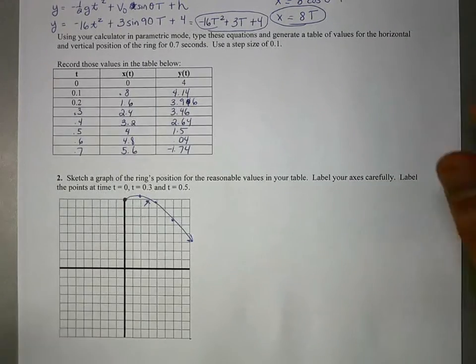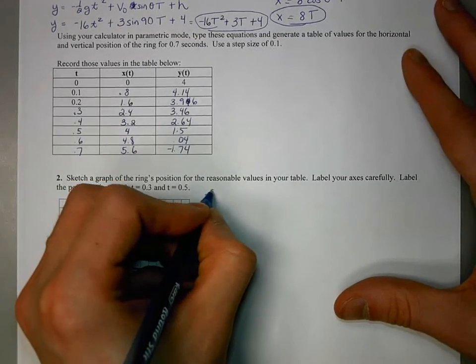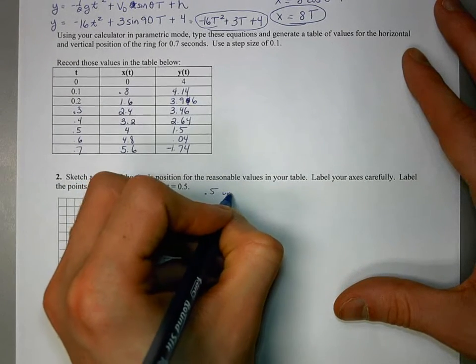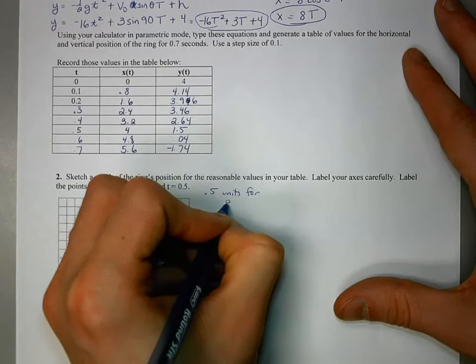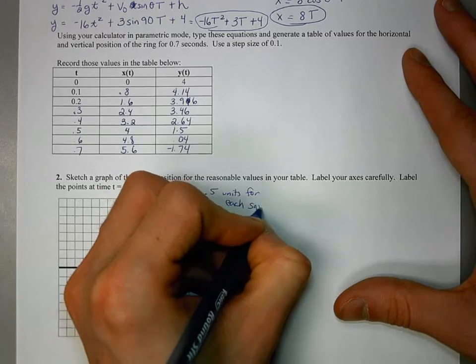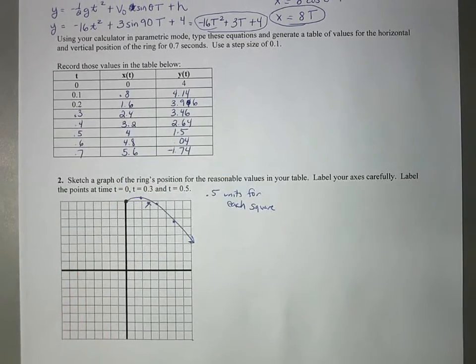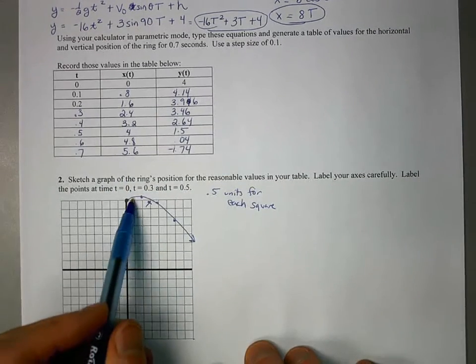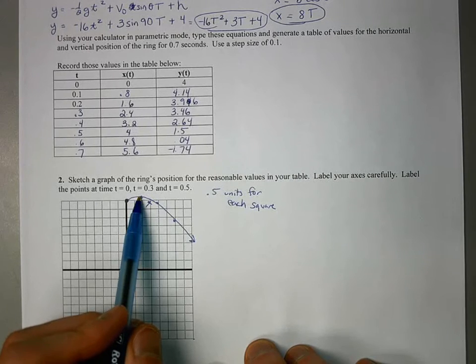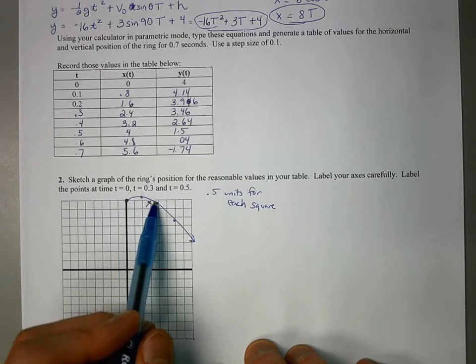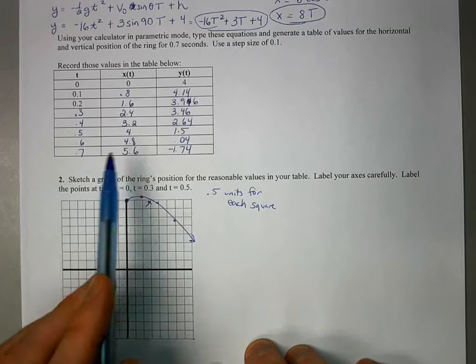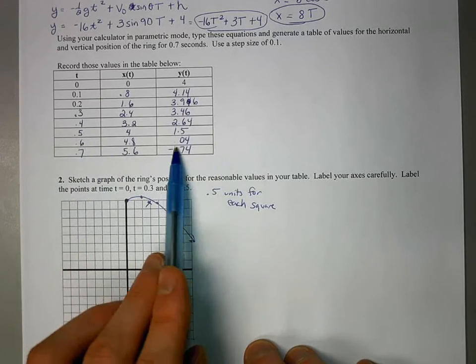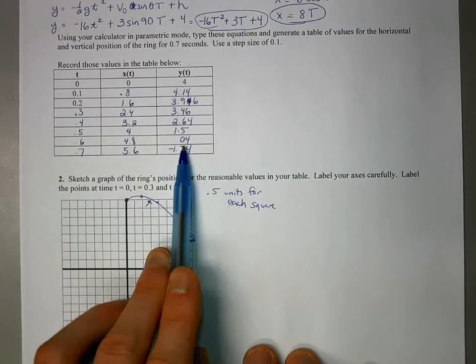My scale that I used is 0.5 units for each square. And I can see the path here. There's going to be a maximum height right there of 4.14, and then it's closer and closer to the ground. And right here I can see at 0.6 I've almost hit the ground.